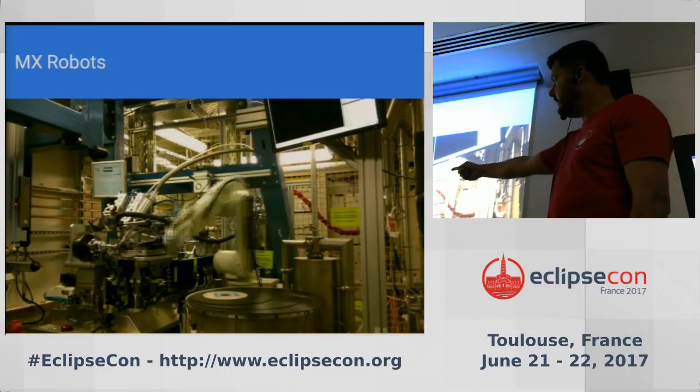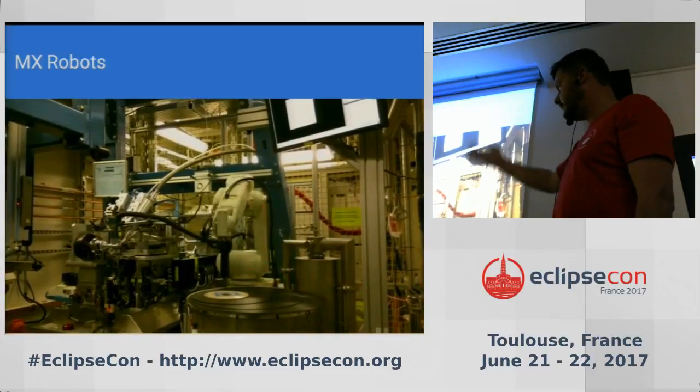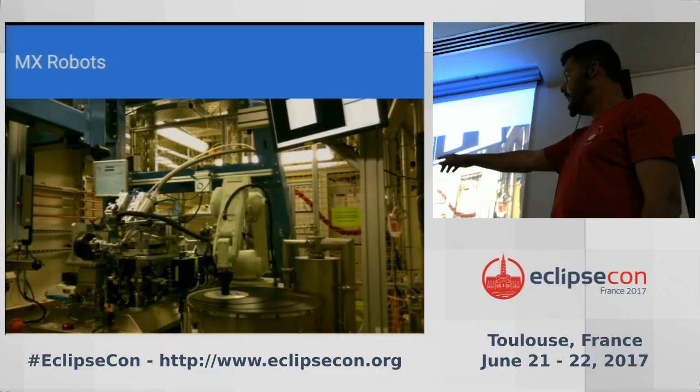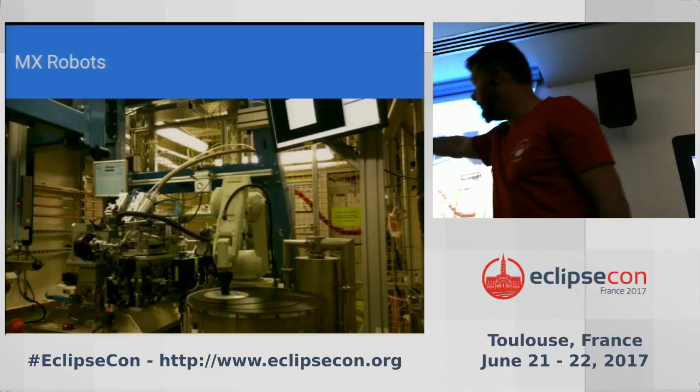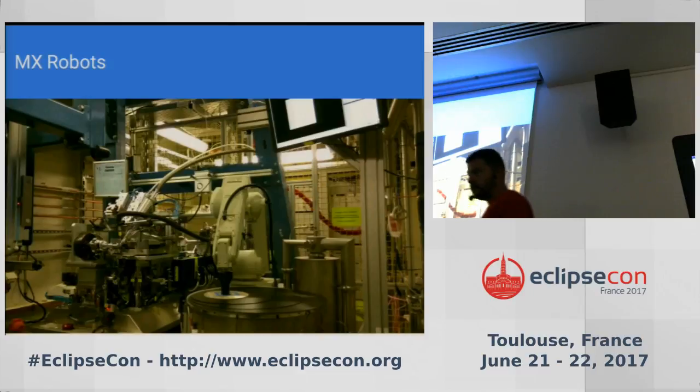The beam's coming through where that robot is now, but only when the shutter's open. The blue thing in the top far left-hand corner is a detector, and that writes files, which are basically the data. Obviously we don't use photographic plate in the modern age. We use detectors and file systems, and nowadays they're 16 megapixels, 100 hertz, so you've got this massive volume of data, which before you didn't have.